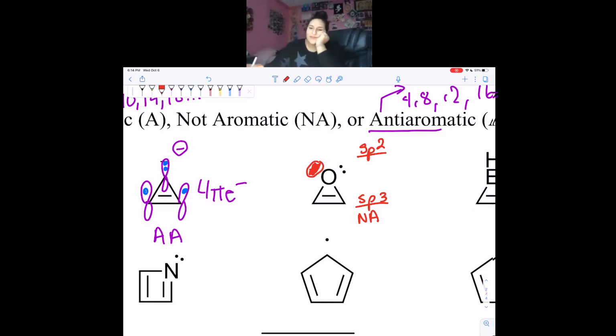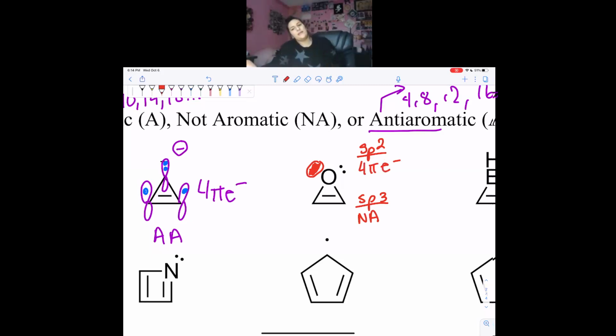Okay, if it was sp2, now we have to think about counting the electrons. So if it's sp2, it has to count one whole lone pair. So we would have 1, 2, 3, 4. So it would be 4 pi electrons.